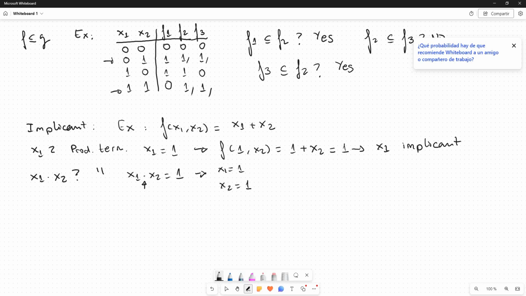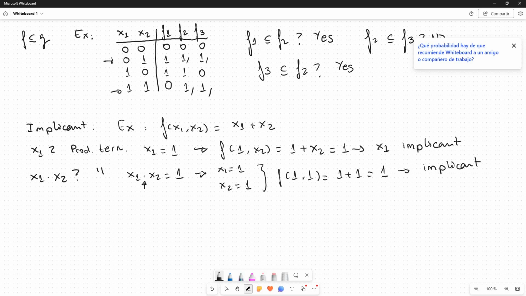It's a logic product. So we check the value of the function when this happens. When this happens, we have 1 plus 1. That is 1, as you know. So it's an implicant.